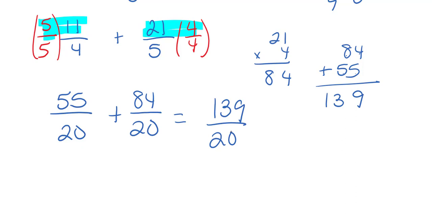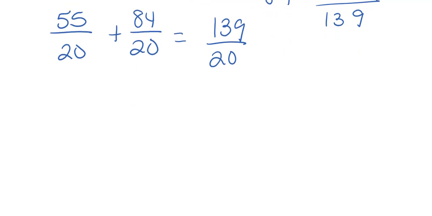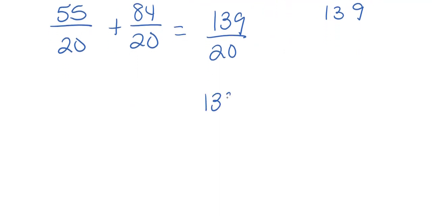And then we need to go ahead and convert it back to a mixed number. So we have 139 divided by 20. Well, 20 can't go into 13, but it can go into 139 6 times, because this is really close to 140, which would be 7 times.